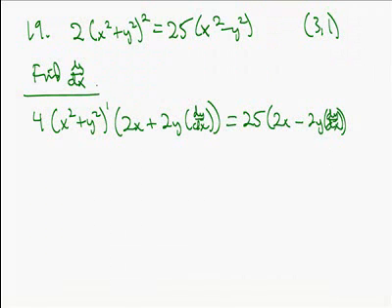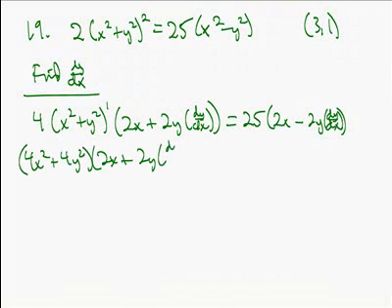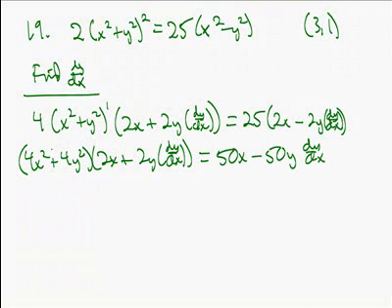Actually, let's take the 4 through here first. So we have (4x squared plus 4y squared) times (2x plus 2y dy/dx). And on the right side, I'll distribute the 25 through, so that gives me 50x plus 50y dy/dx. Alright, now I'm going to have to FOIL this out. So 2x times 4x squared is 8x cubed.